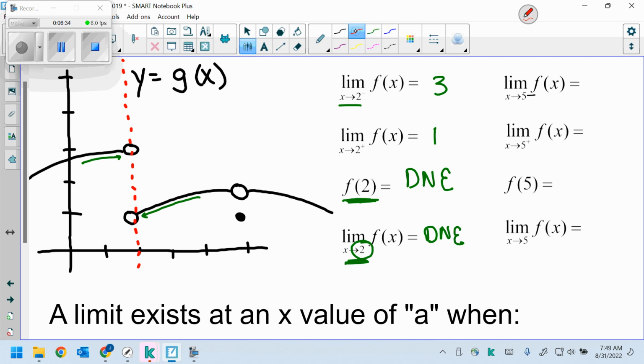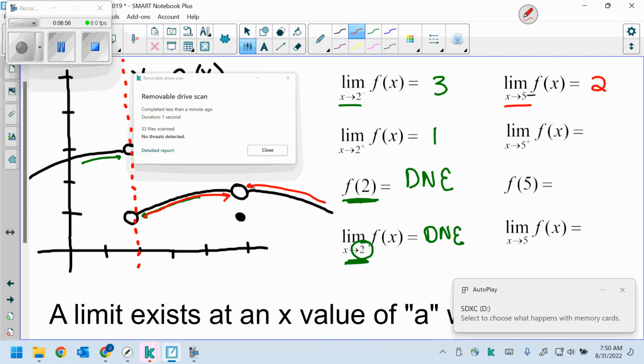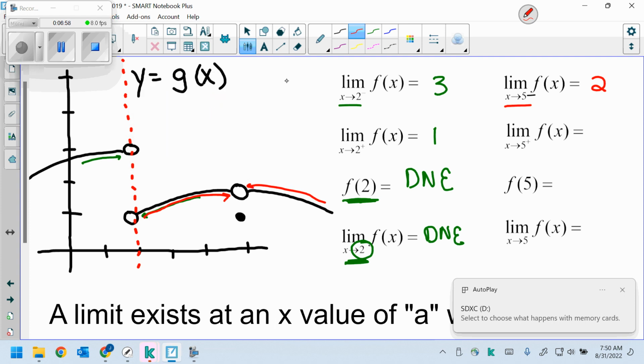Now what about if I'm approaching 5 from the negative side? And if that negative wasn't there, make sure you put that in there. If I'm approaching 5 from the negative side, I think I'm getting a y value of 2. If I'm approaching 5 from the positive side, I think that I am again approaching a y value of 2.